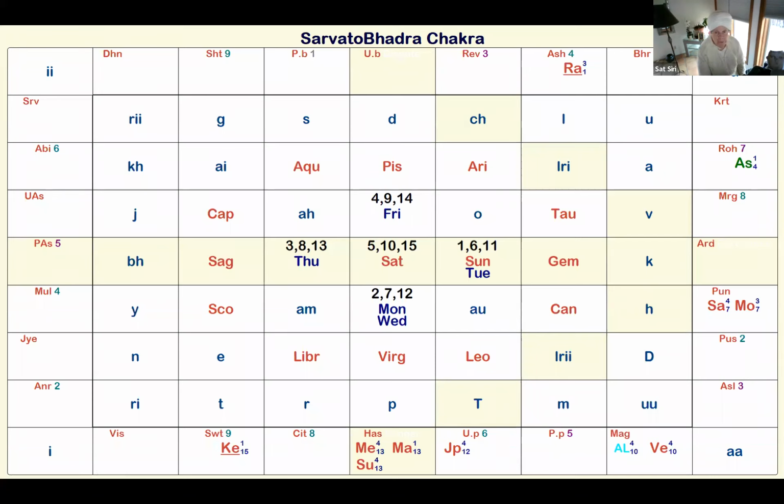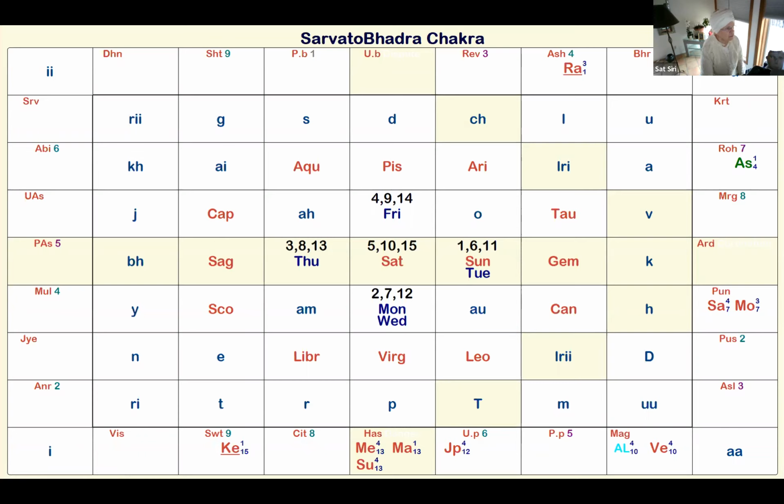Okay, so here's a more simple look at the Sarvatobhadra Chakra. It just has the key elements. We have nakshatras shown by their initials, and it goes around clockwise. It starts in the northeast corner, which is sacred to the energy of Ishana, the Guru form of Jupiter.